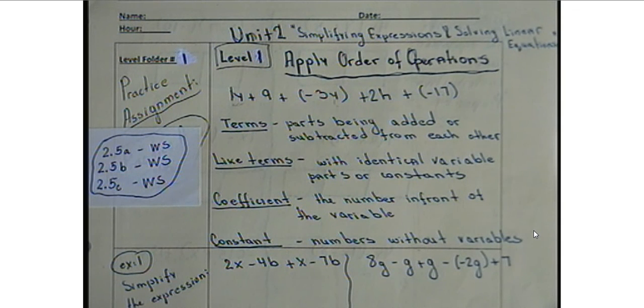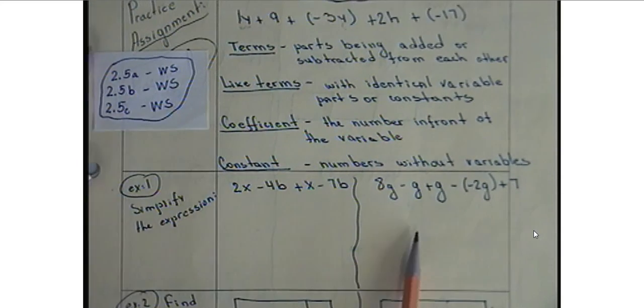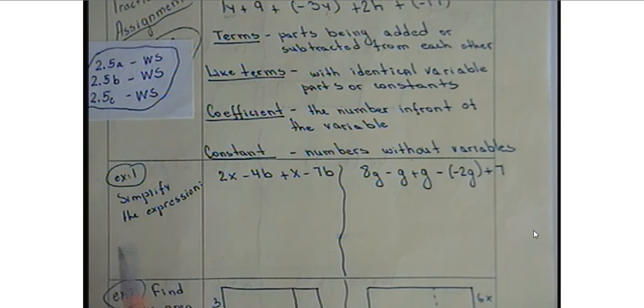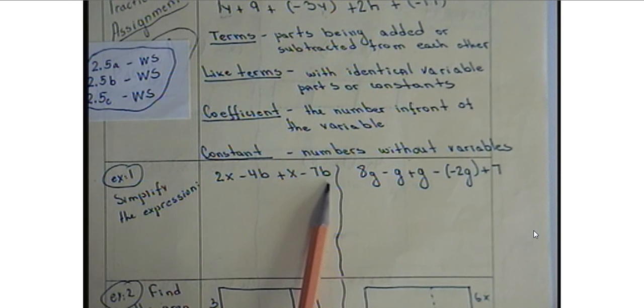Awesome. So once you know how we call all those parts of the expression, we can go ahead and start combining like terms, simplifying. This is all part of order of operations. So first two examples, we're going to simplify these expressions. We have 2x minus 4b plus x minus 7b.